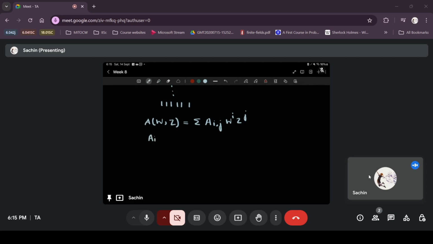Aij is the number of code words with input weight i and parity weight j, where by weight we mean the Hamming weight.